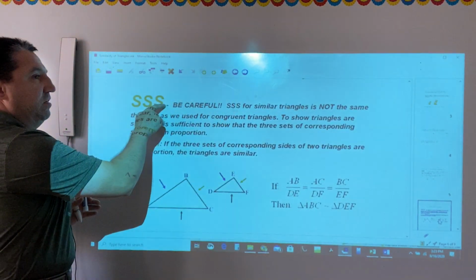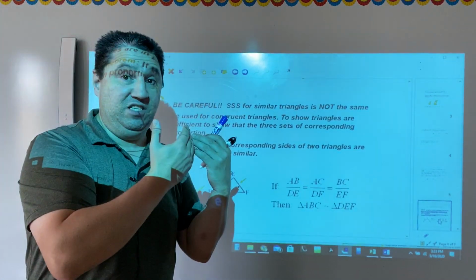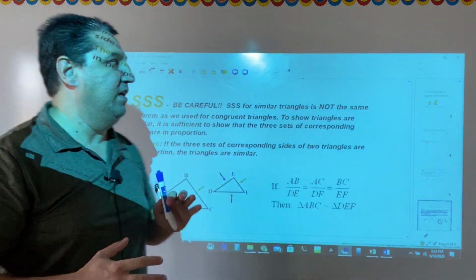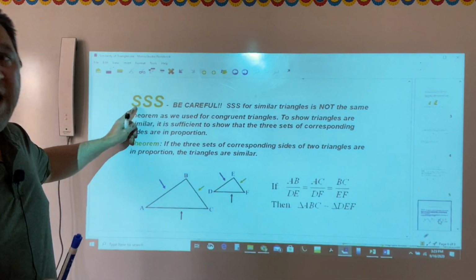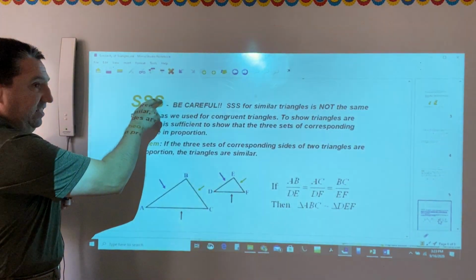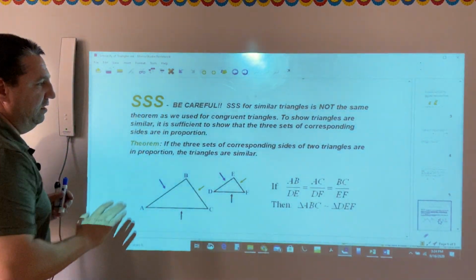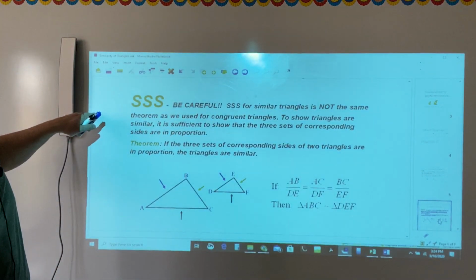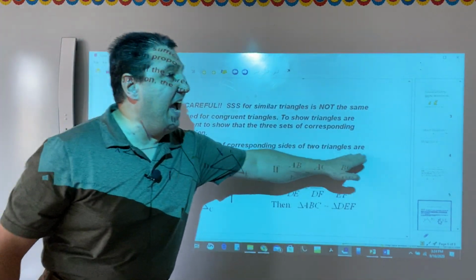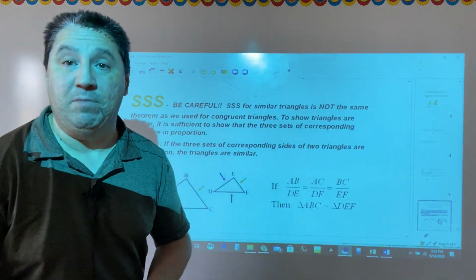Because this time, the corresponding sides of the triangles must be in proportion, not congruent, as we had for congruency. So, S, as you know, comes from side. In fact, each of these S represents a pair of corresponding sides. What does this case state? If the 3 sets of corresponding sides of two triangles are in proportion, then the triangles are similar.